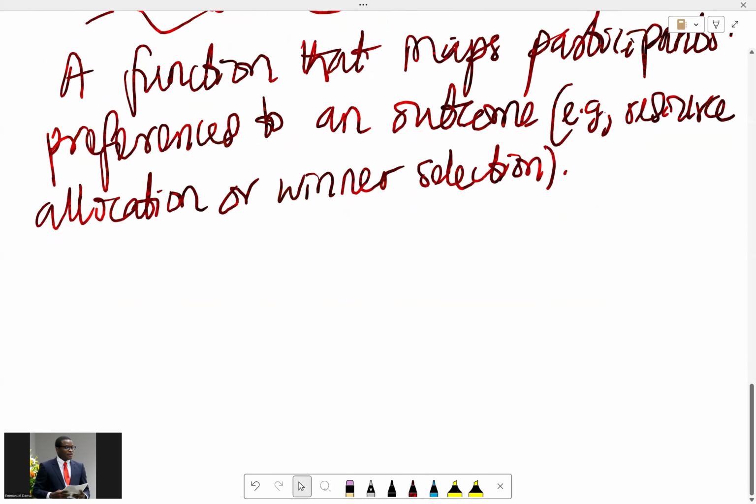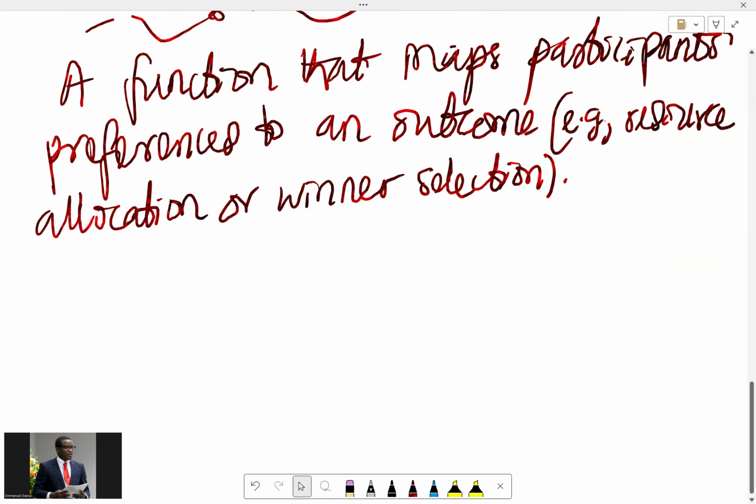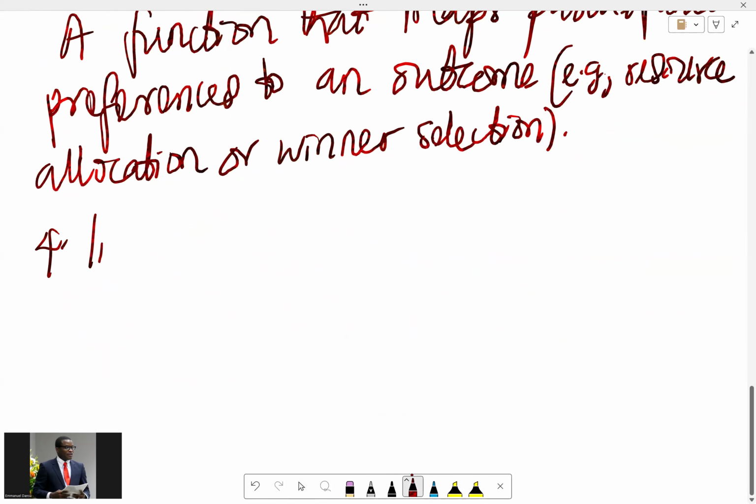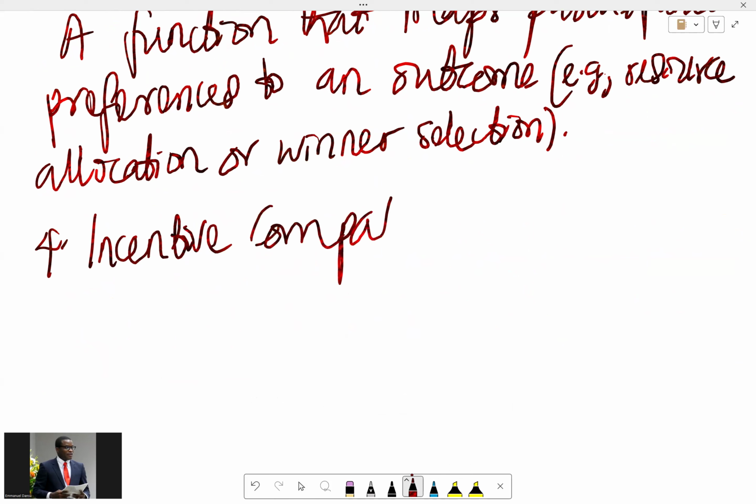Then, of course, we have incentive compatibility.